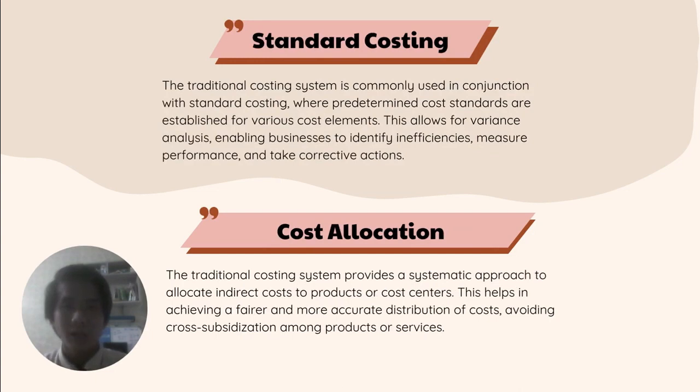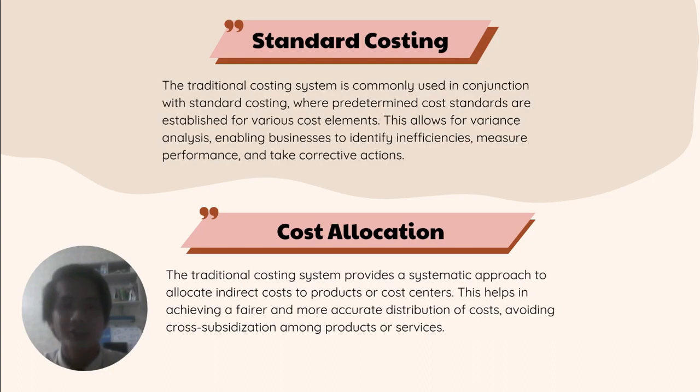Standard costing. The traditional costing system is commonly used in conjunction with standard costing, in which predetermined cost standards are established for various cost elements. This allows for variance analysis, enabling businesses to identify inefficiency, ensure performance, and take corrective actions.